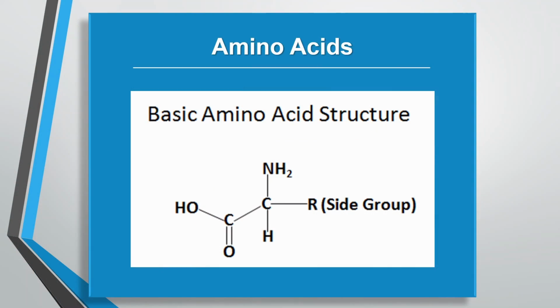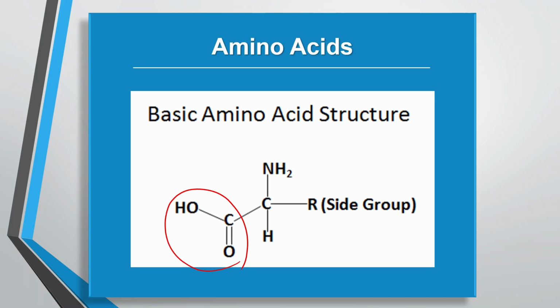And if you look at this slide, you'll see the basic structure of an amino acid. They consist of a central carbon attached to 4 different groups in a linear pattern when we visualize it in 2D. The 4 different groups in an amino acid are a carboxyl group, which is this part over here.